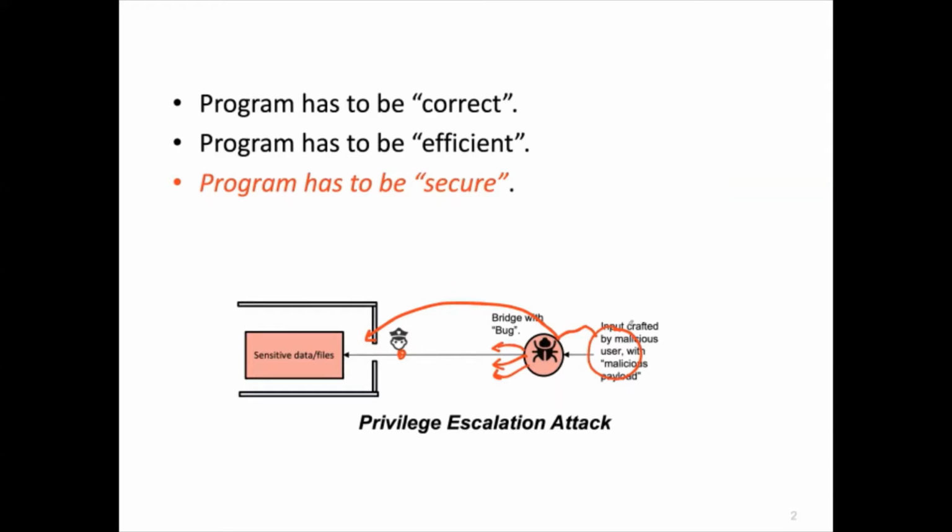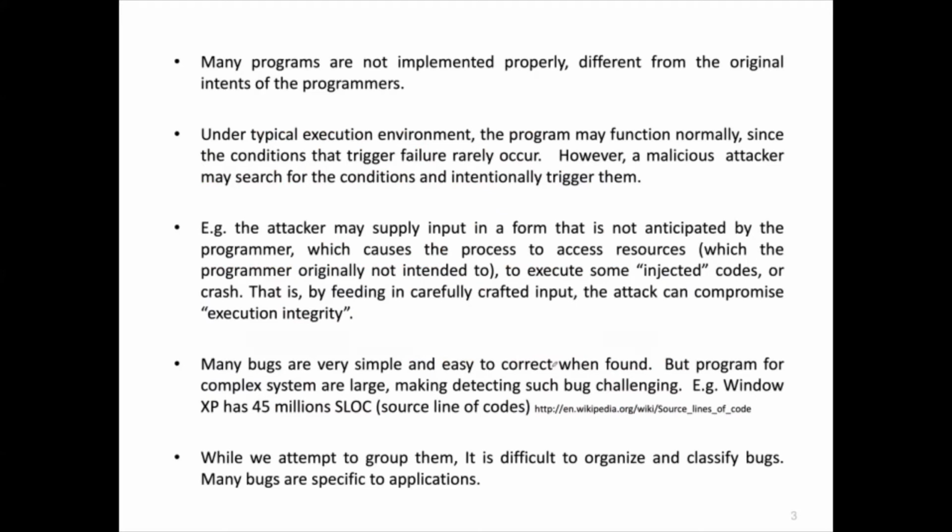Such bugs very often remain hidden because the program will function normally, as the conditions that trigger the bugs rarely occur. However, a malicious attacker will actively search for the conditions and then intentionally trigger them.